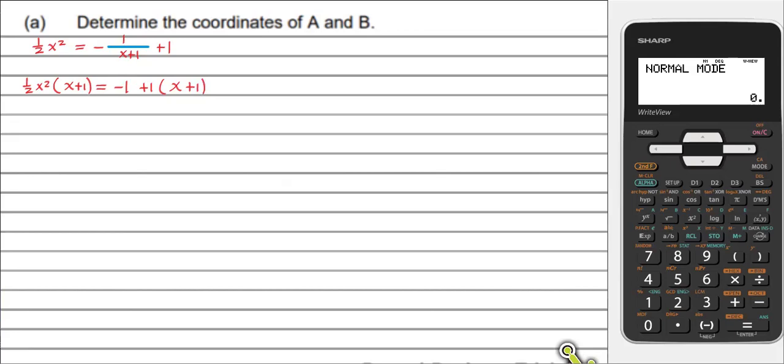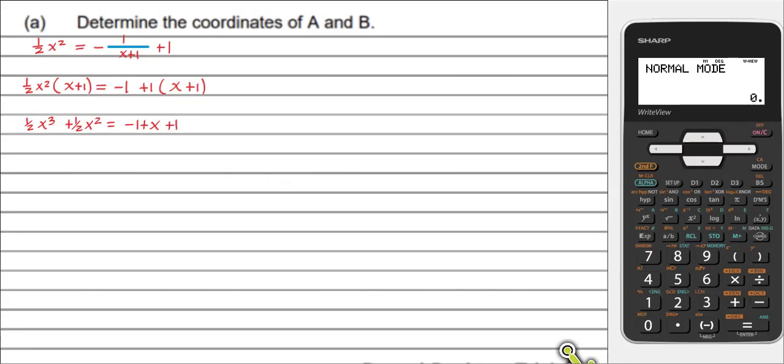There we go. Now, let's continue likewise. If I multiply that, I'm going to have half x to the power of 3, and then plus half x squared equals to minus 1 plus the x plus the 1.